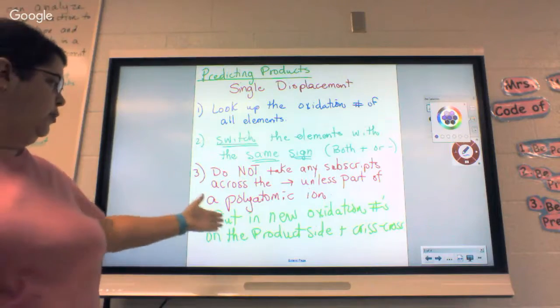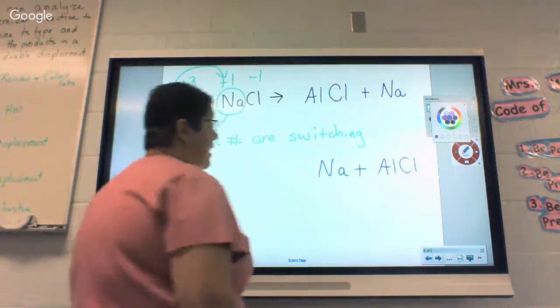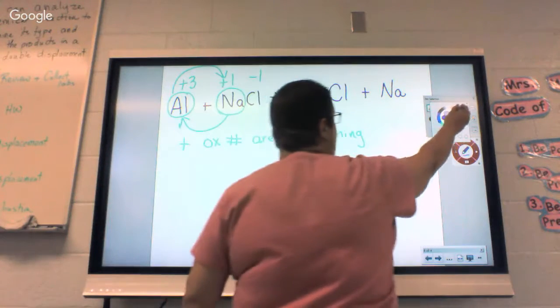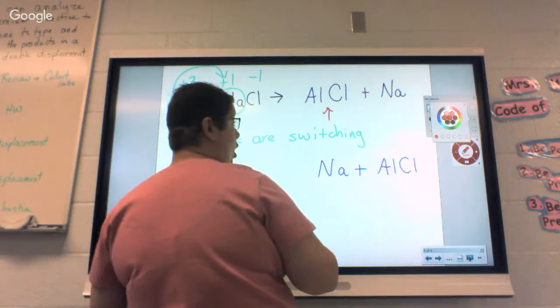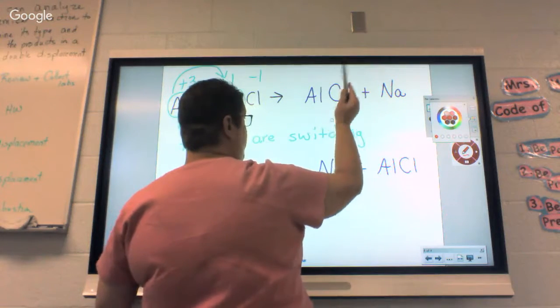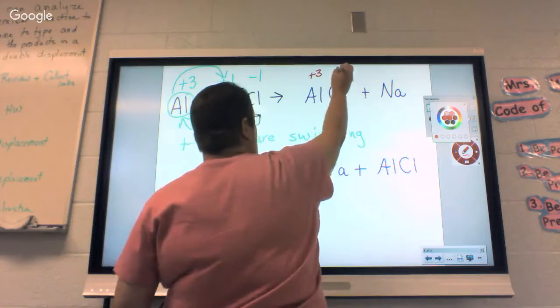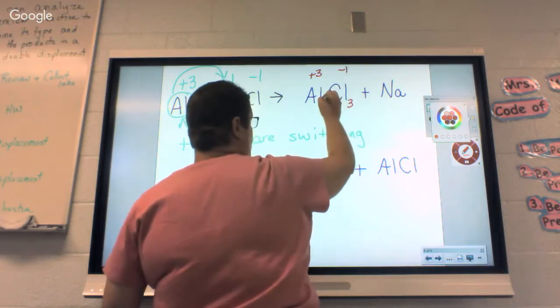Put in the new oxidation number. So we have a compound. What do we always do if we have a compound? Crisscross. So aluminum has a +3, chlorine has a -1. 3 comes down, 1 comes down.